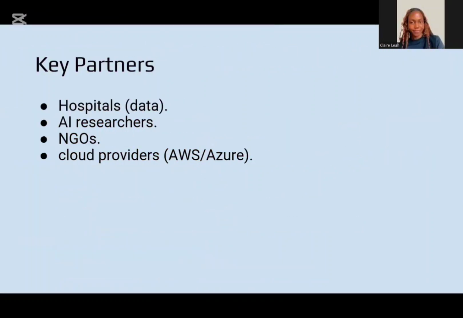And here are our key partners. We have the hospitals that will use our tool to analyze the voices of patients with voice disorders in order to know the root cause of them, and the AI researchers, the NGOs, and the cloud providers.